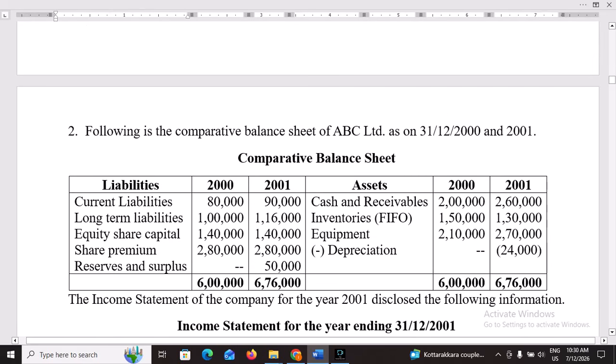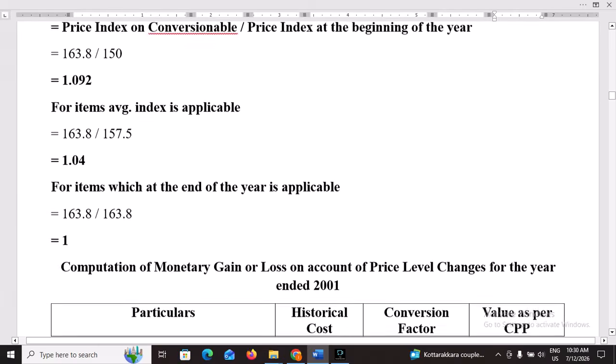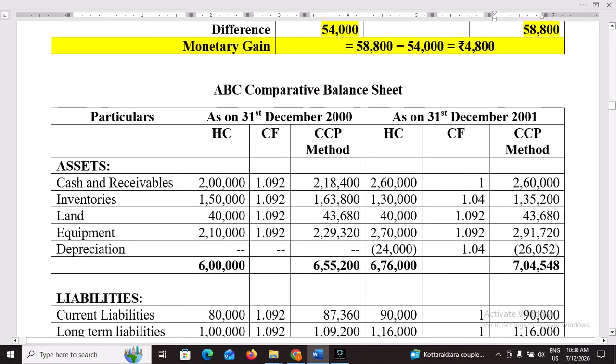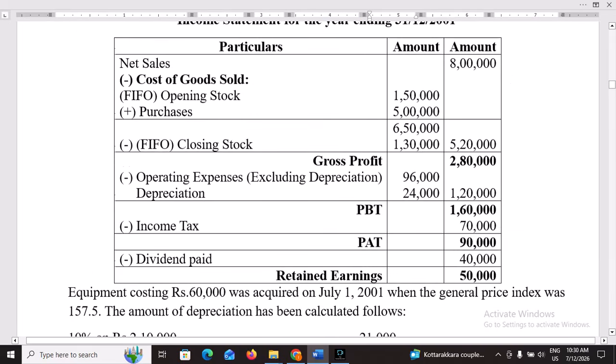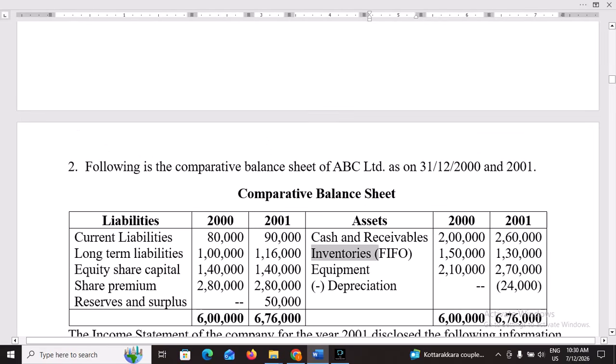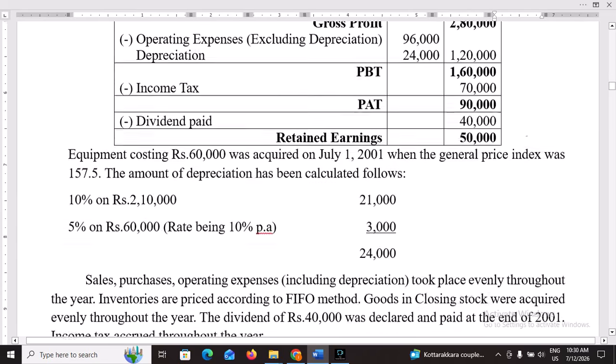Assets: cash and receivables, inventories FIFO, equipment, depreciation. Cash and receivables: 2 lakh opening, 2,60,000 closing. Correct? Now inventories: opening is 1,50,000, closing is 1,30,000.